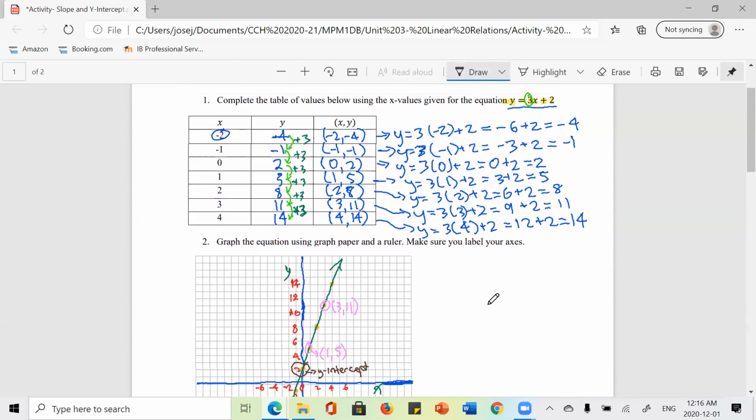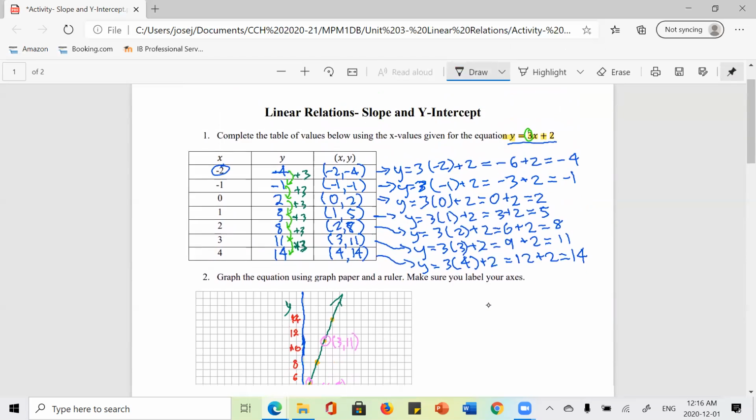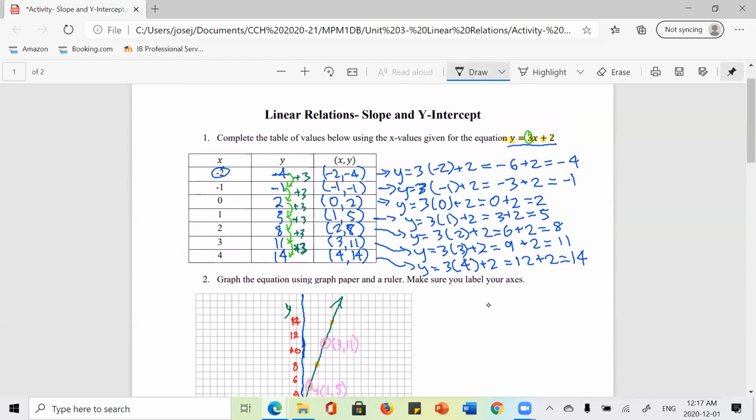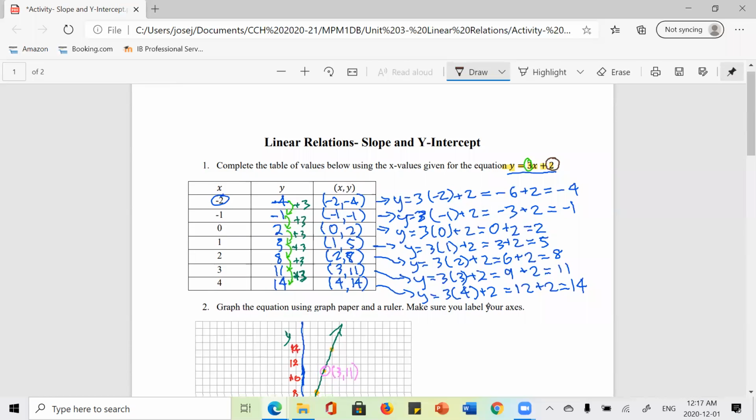So what do we notice looking at the y-intercept here and then looking at our equation over here? Well, we might notice that the equation is 3x plus 2. So it would actually make sense that this constant that's by itself will tell us what the y-intercept is. The number that is totally by itself in the equation is telling us what the y-intercept is. And that's also very powerful, because if we have a constant all by itself in the equation, then we know it's going to be a partial variation because the y-intercept is not equal to 0.